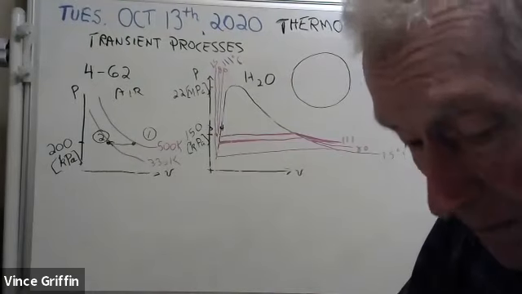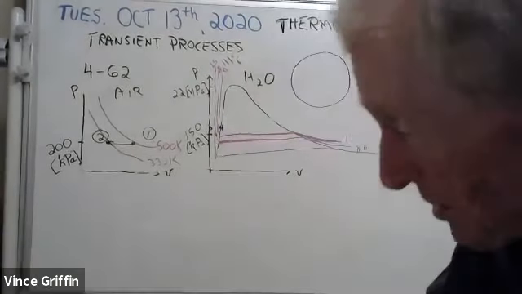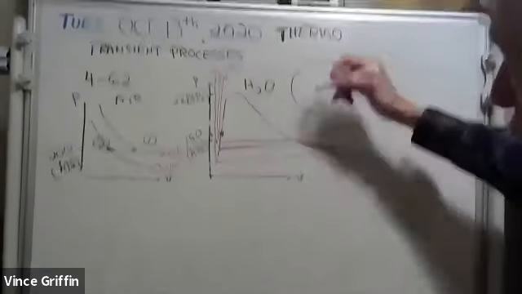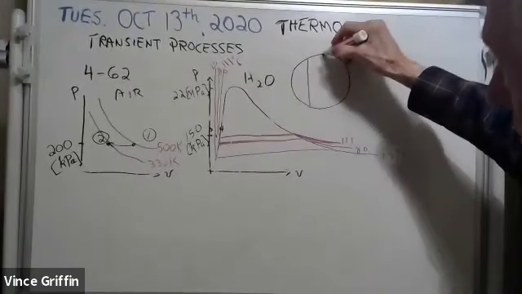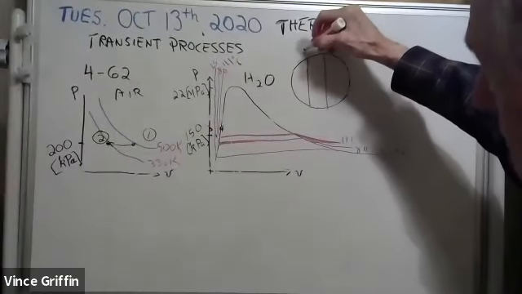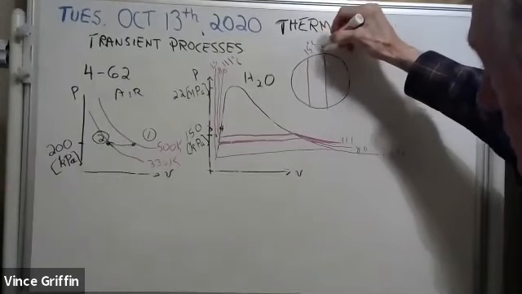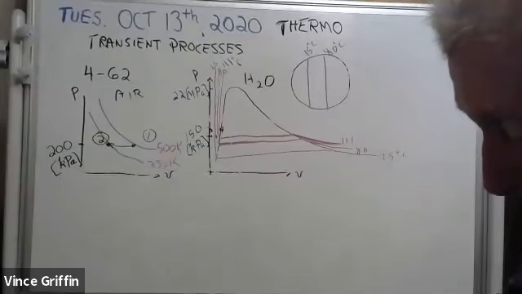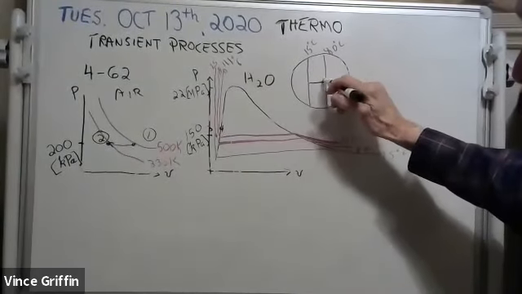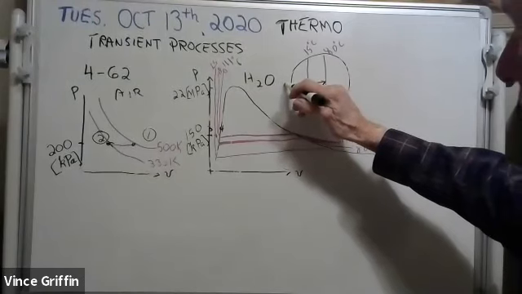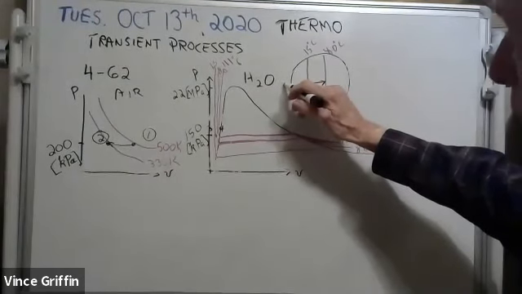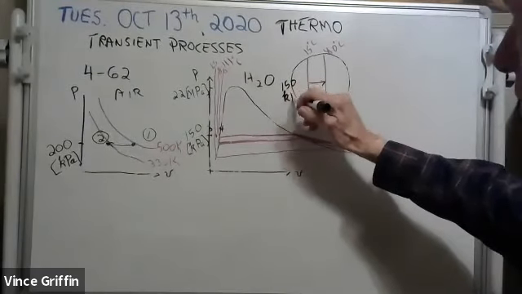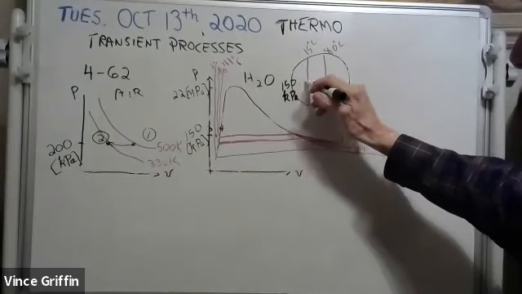Tell you what, we're going to zoom in. We're going to get one of those zoom in cameras. And we're going to zoom in. And this one's the 15 degrees Celsius. This one's the 80 degrees Celsius. And this right here is the 150 kilopascal isobar.